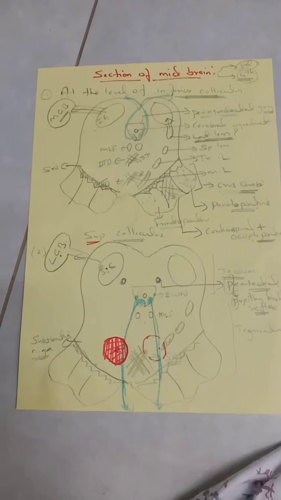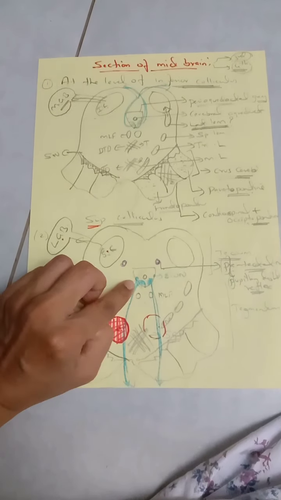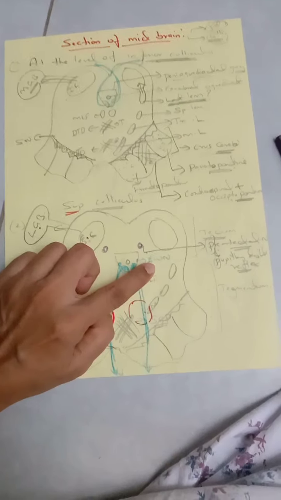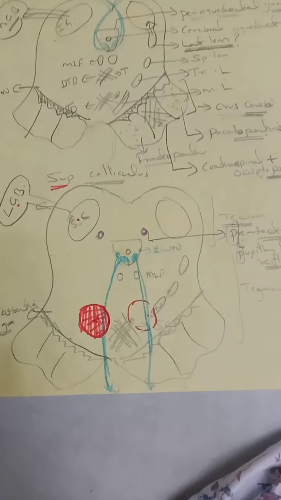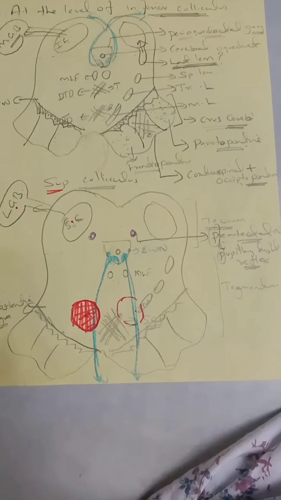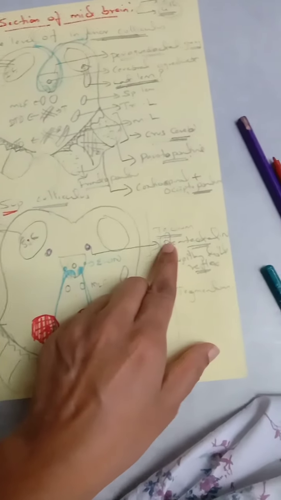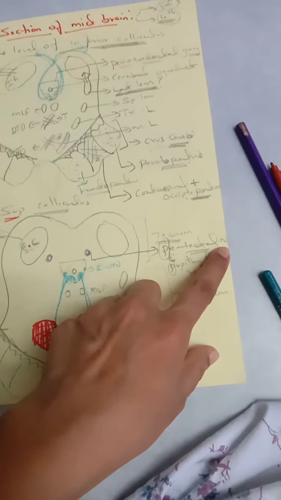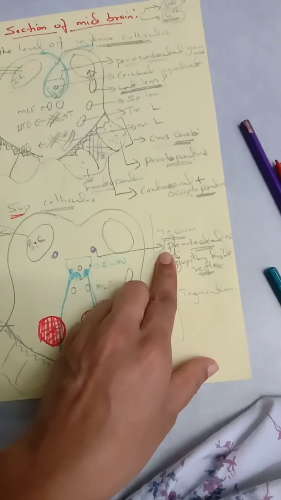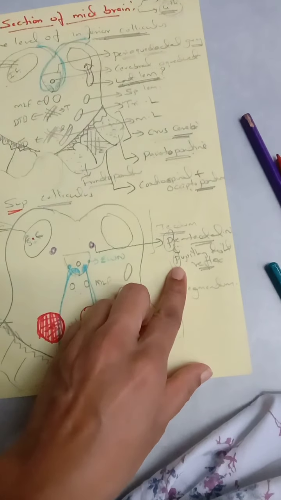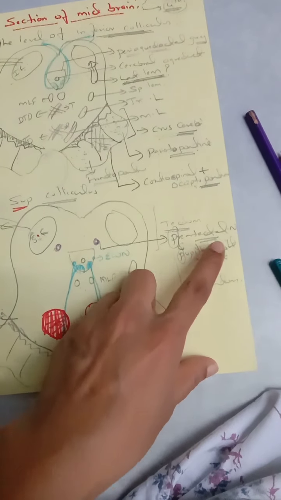Along with the 3rd cranial nerve nuclei, we will have the Edinger-Westphal nucleus. Just behind that, we have one more nuclear component called the pretectal nucleus, which has fibers coming from the pathway of which reflex? It forms the pupillary light reflex.